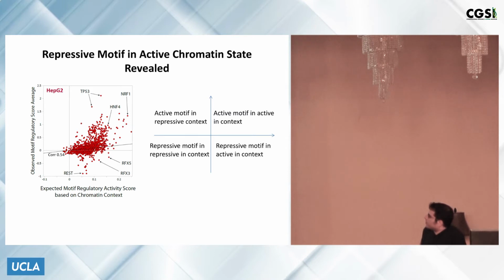And there are other examples like P53, which well outperforms its expected activity based on the chromatin context. So you can have P53 in locations that aren't specifically marked by these active enhancer promoter states, but are highly active in this assay if they have a P53 binding site. And then we saw the opposite for REST down here.